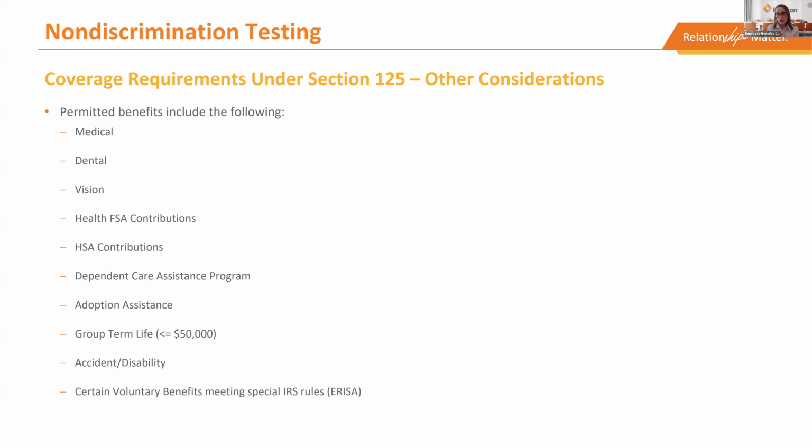If you have voluntary benefits that are not subject to ERISA and that are not taken pre-tax, then you probably don't want to include them in your Section 125. I've seen that happen, where it's just easier to put it all in one big document.